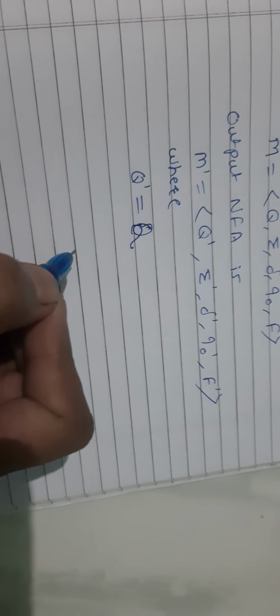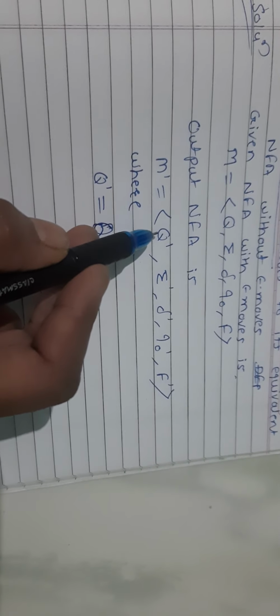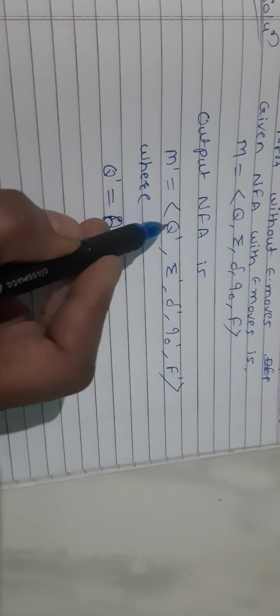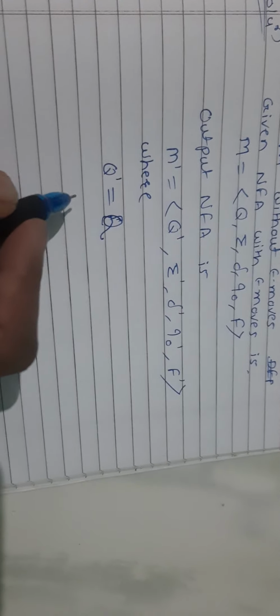Then what is Q dash? Q dash is equal to Q. Whatever number of states of this given NFA are there, the same number of states will be there in the output NFA.